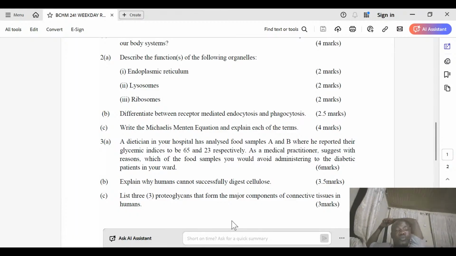What is the difference between endocytosis and phagocytosis, ladies and gentlemen? Who can answer it, please?